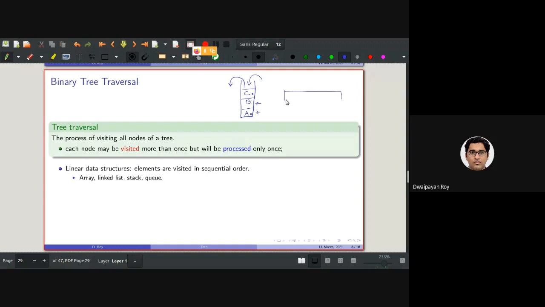For a queue, this is true as well. As you may recall, in a queue there are 2 pointers, one is front and one is rear. From the front end the deletion happens, and from the rear end the insertion happens.